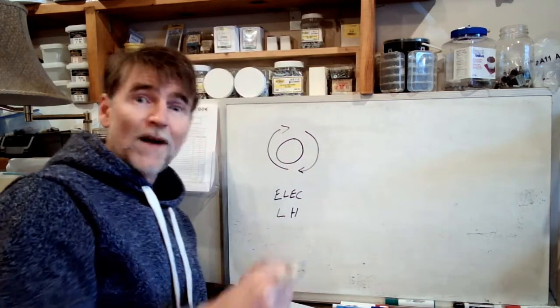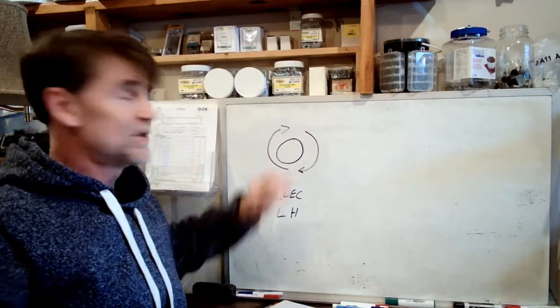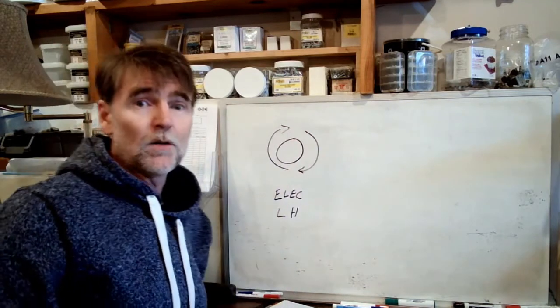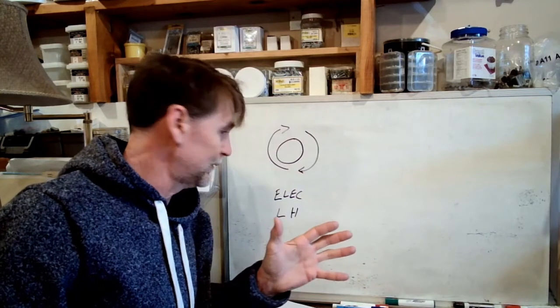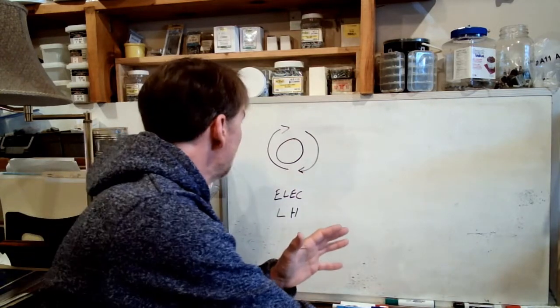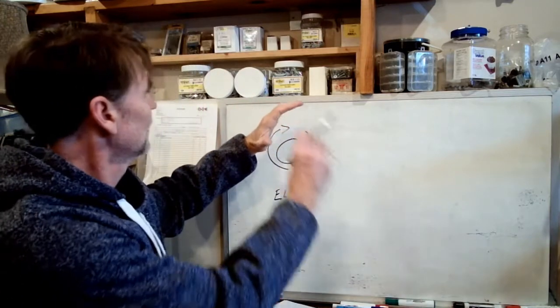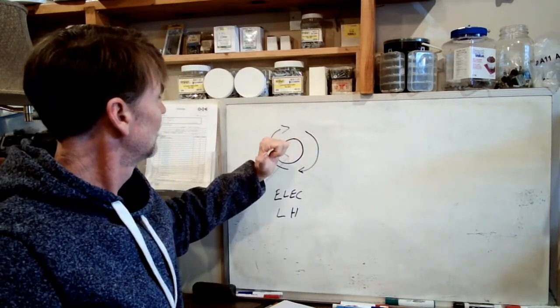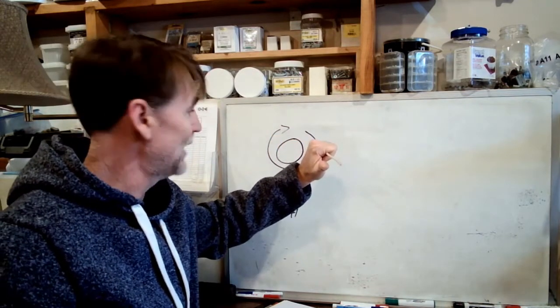So the question is, what direction is the current flowing through this conductor to result in lines of flux clockwise around that conductor? We're using our left hand because we're talking about current flow using the electron flow theory. Our fingers are going to wrap around the conductor like this, and our thumb is pointing in the direction that the current is flowing through that conductor.